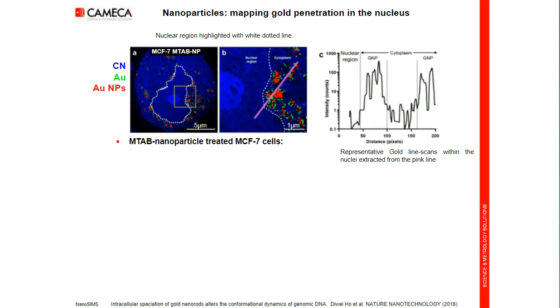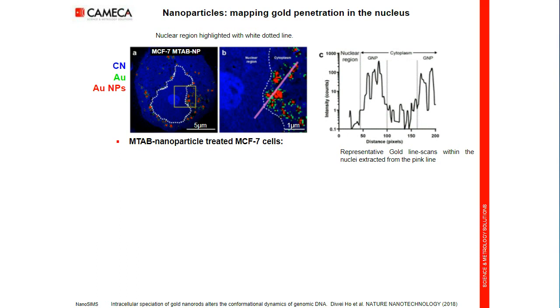Here you see in blue the nitrogen structure of the cell, so protein mostly, and the nucleus is delineated by a white dotted line. You see in red and in green the nanoparticles, in green gold, and on the zoomed image in the middle of the screen, you can see that gold stays outside the nucleus.